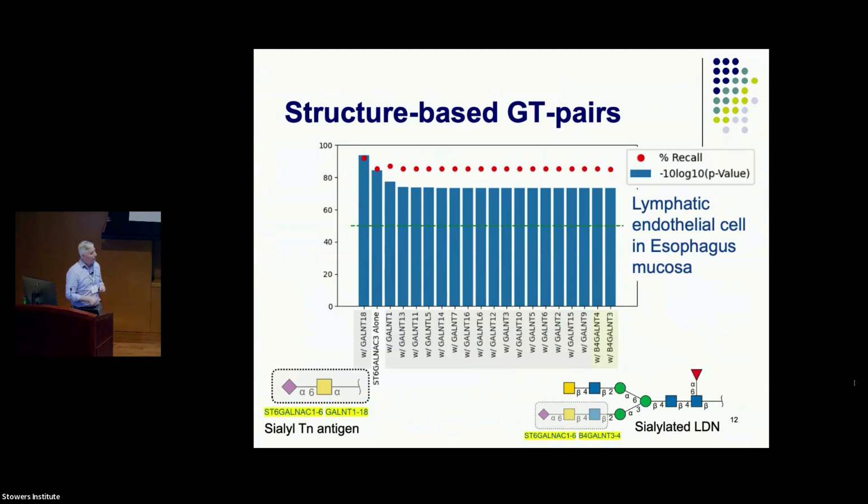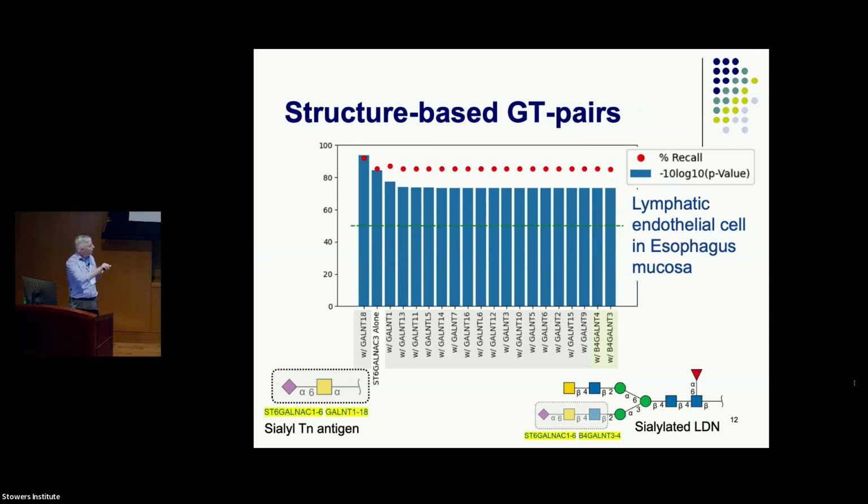But the most surprising thing when I was pulling this work together was that when I started to look at pairs of enzymes, which together added multiple monosaccharides to these structures, either an O-glycan structure or an N-glycan structure, the addition of the O-glycan core here was actually more significant than the ones found on the N-glycan structures, which suggests that this specific enzyme association is tightly coupled to O-glycosylation.